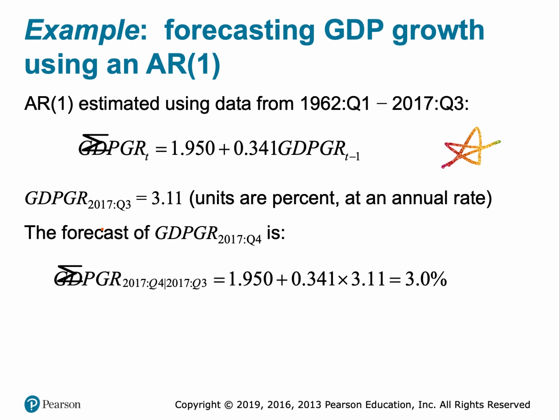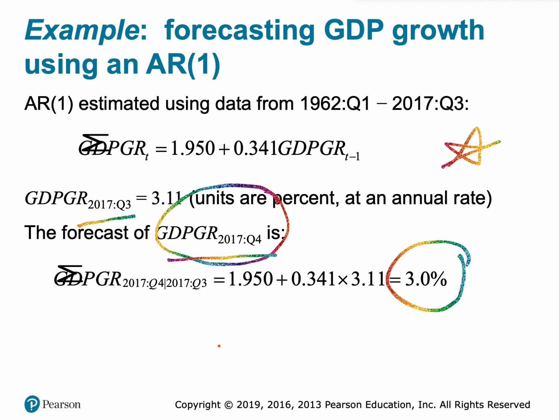The forecast given by the model here next to the big rainbow star for 2017 quarter 4, given the growth rate in quarter 3, is 1.95 plus 0.341 times 3.11, which gives us 3%.